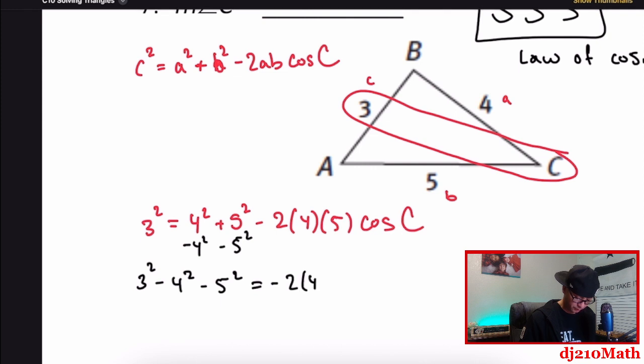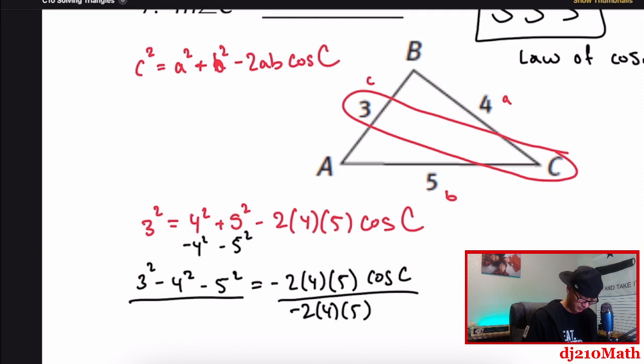Negative 2, 4, 5 cosine of C. I'm going to divide both sides by negative 2, 4, 5. Cancels, cancels, cancels.